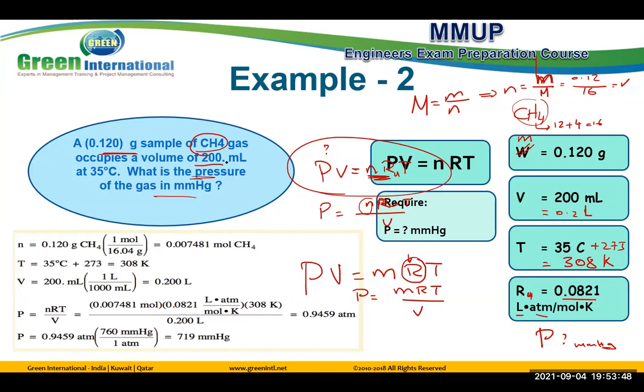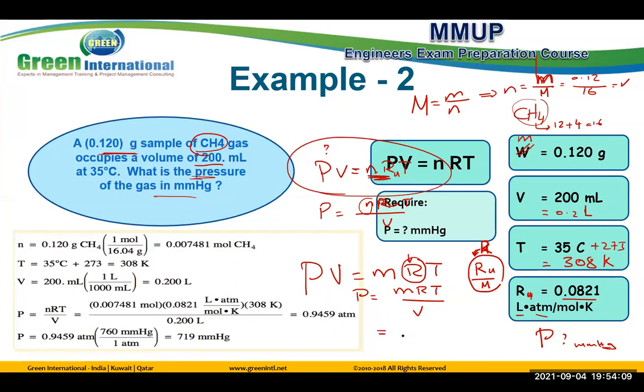Which gas here? CH4. But I don't have R, it's not given. So how to get it? R equals R_u over M. Correct or not?